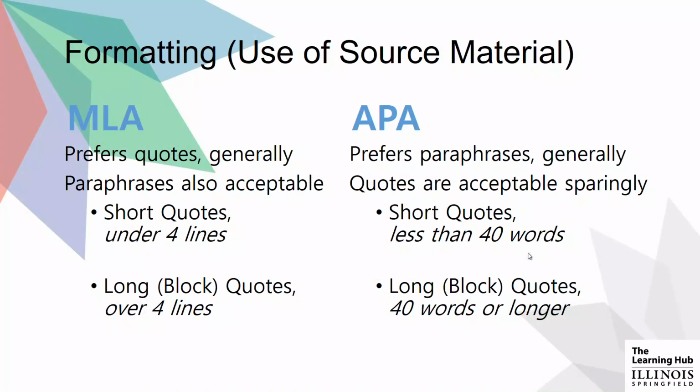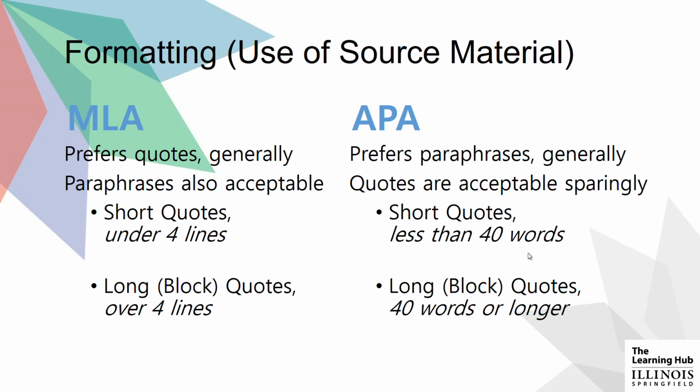Other things about formatting, including the use of source material, are worth talking about. In general, when you are using source material, you have 3 ways to provide that information. You can directly quote, you can paraphrase, or you can summarize. This information is covered in another workshop of ours on using quotations and also in avoiding plagiarism, so check those out if you're not sure on those definitions.